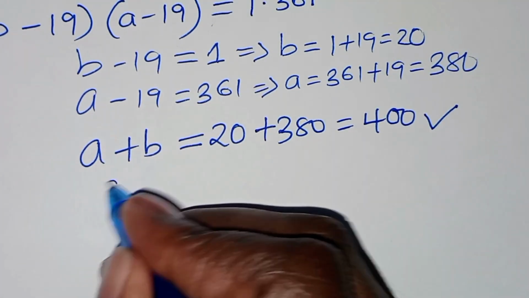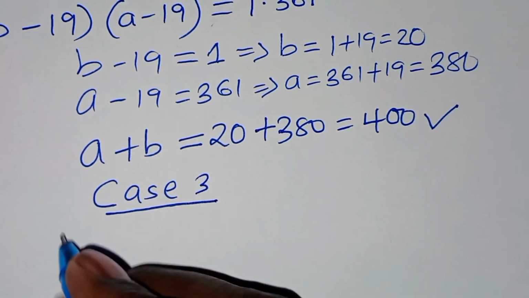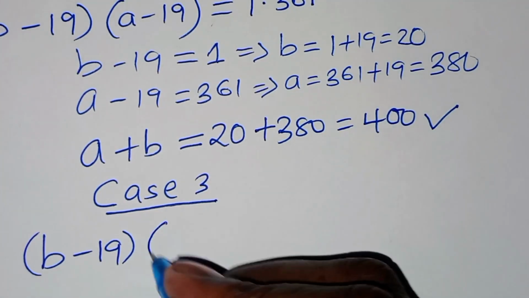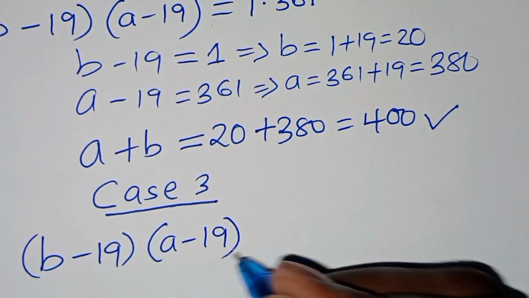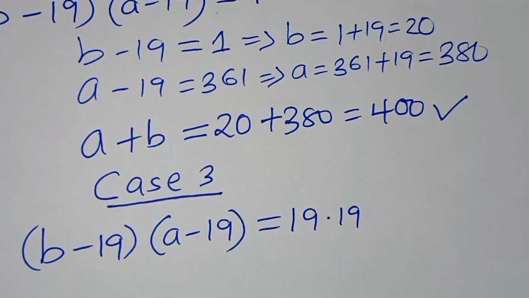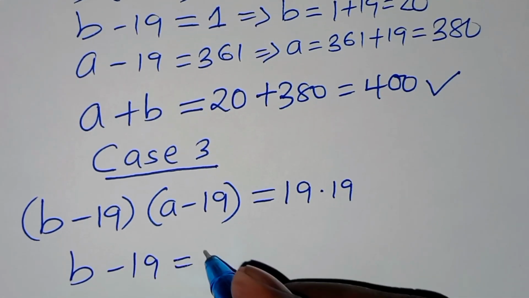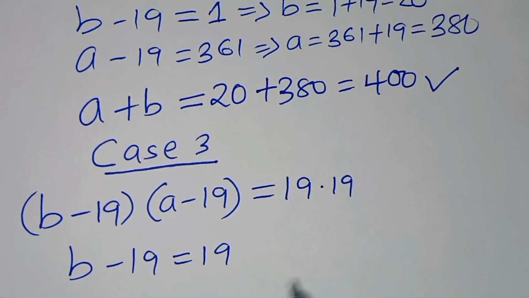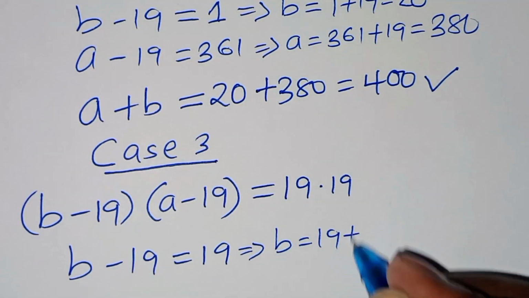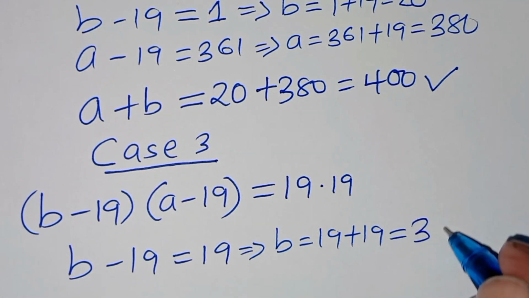And lastly, let's solve case 3. We have b minus 19 multiplied by a minus 19 equal to 19 multiplied by 19. This implies that b minus 19 is equal to 19, and therefore b is equal to 19 plus 19, which is 38.